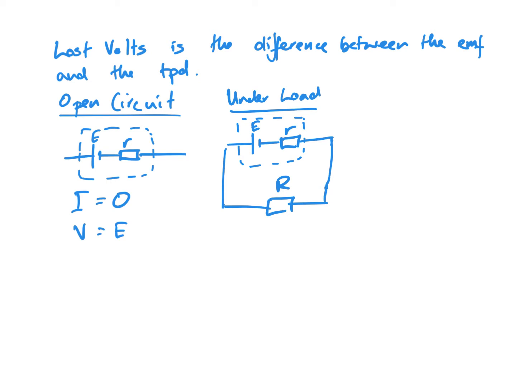And in that case then, from conservation of energy, the EMF, the total energy supplied per unit of charge, will equal the terminal potential difference, so how much is used in the external circuit, plus the potential difference across the internal resistance, which is the current I multiplied by that internal resistance r.